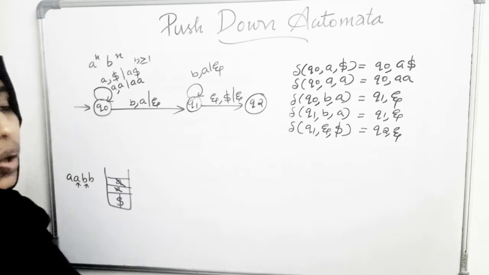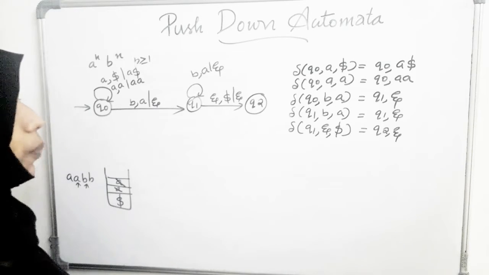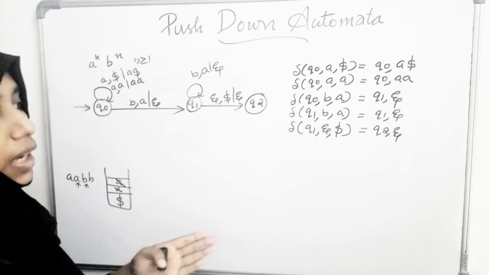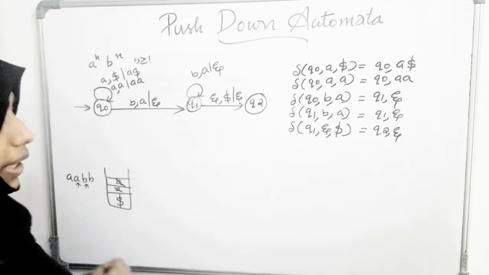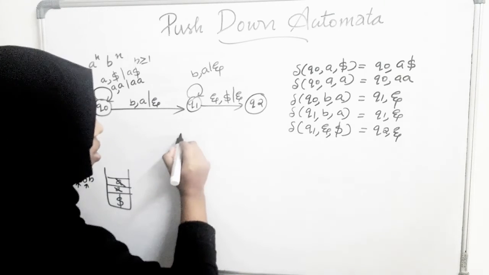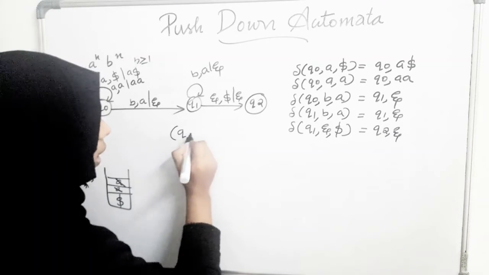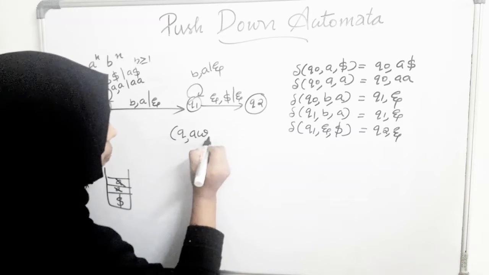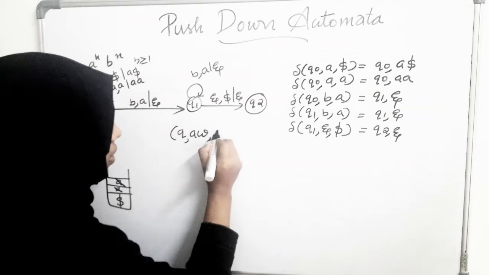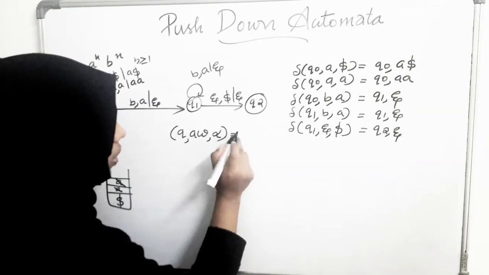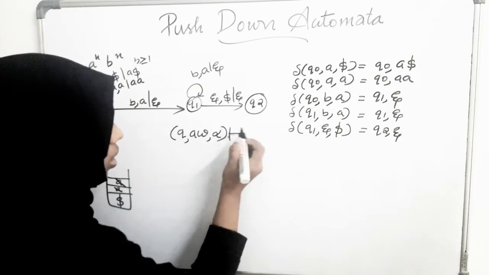Again, there is something called instantaneous description for PDAs, which shows what happens when a particular input is given to a PDA. So it can be written like this. For example, if Q is the state and AW is the input string, and some alpha was on the top of the stack, you can write it as this.